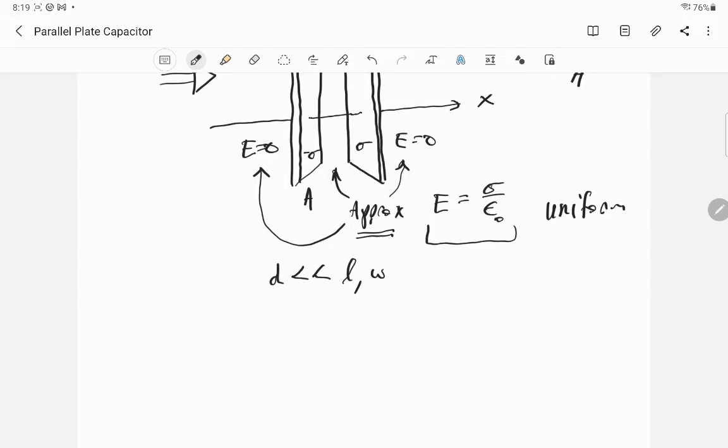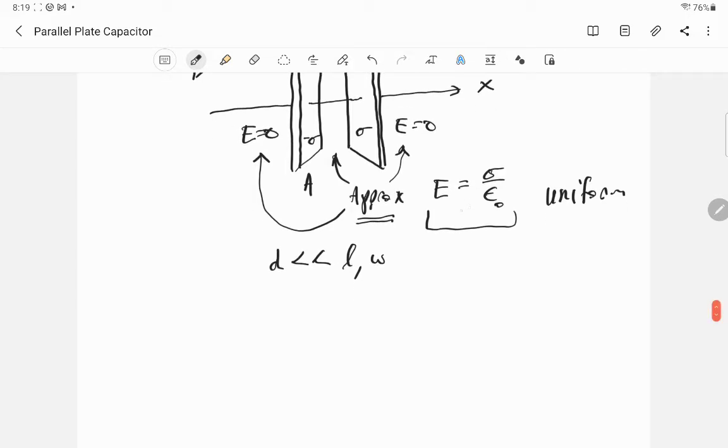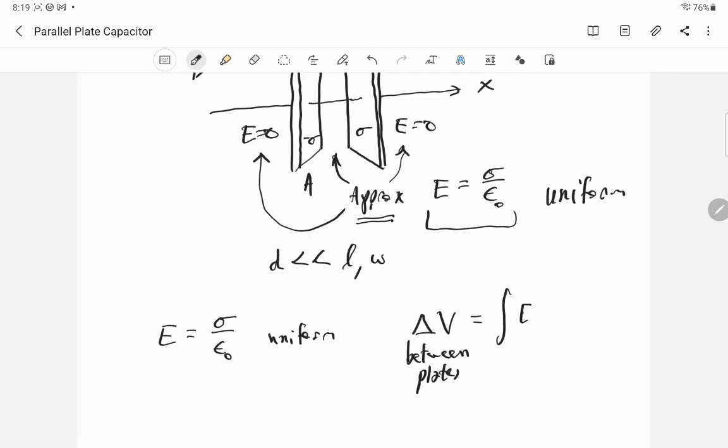Okay, so if the electric field is sigma over epsilon naught and it is uniform, then the potential difference between the plates, the way you get it is you integrate the electric field over a path that takes you from one plate to another.